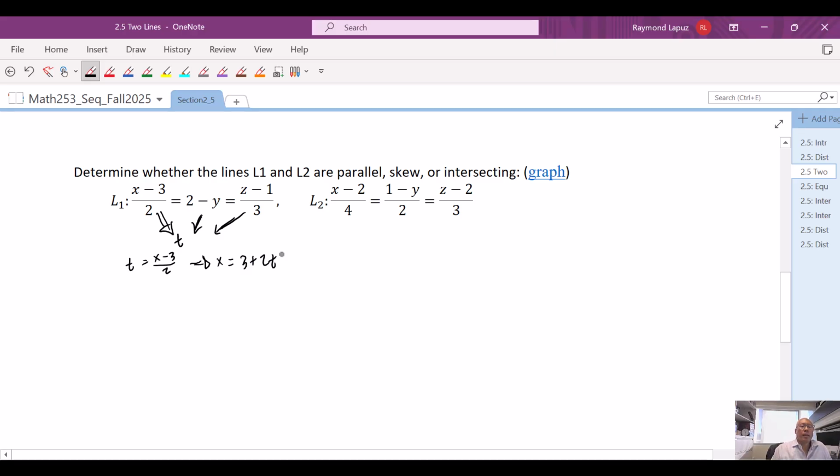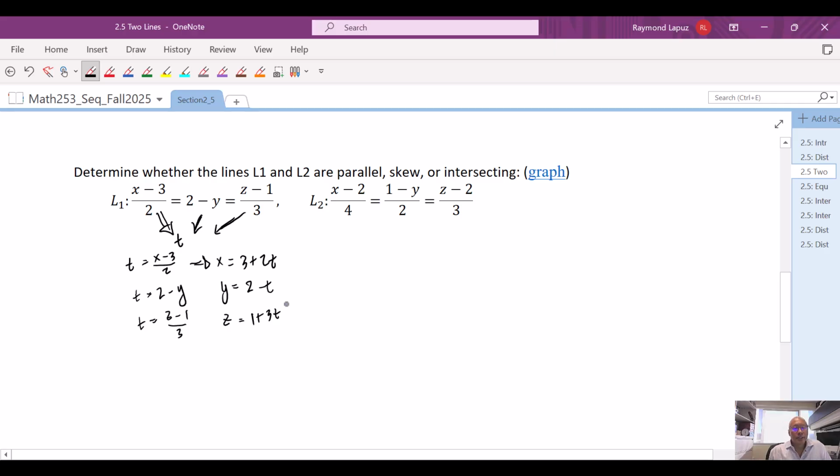And then similarly, for y, 2 minus y is equal to t. So y must equal, there'll be negative t, but then I'll have to switch, so it'll be 2 minus t. And then similarly, (z minus 1) over 3 is equal to t, so z must equal 3t plus 1.